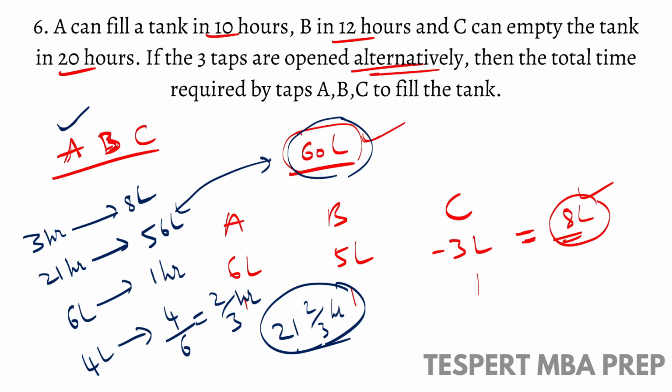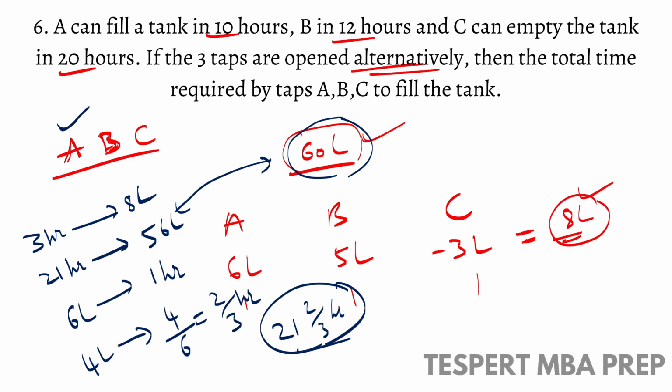So now that you have understood the basic models that come from pipes and cisterns, now you can go to your portal and solve the questions, practice the topic test. Why? Because time and work in pipes and cisterns is important for CAT, and it's important for the non-CAT exams as well.